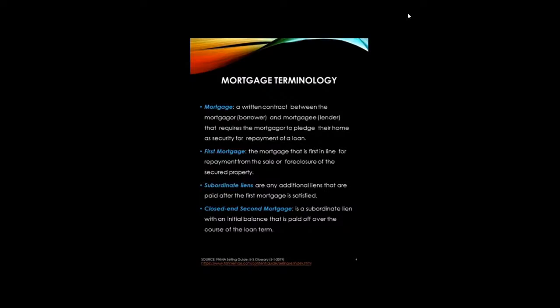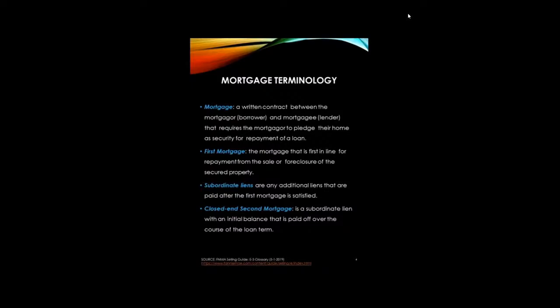But typically on a mortgage term, if there is a foreclosure sale and there's not enough money to cover the second mortgage, the second mortgage lender is stuck with whatever they are given. So, a dollar-wise example: if you're selling a home and it's being sold for, let's say, $200,000, and you owe $200,000 on the loan, there's enough money to cover the first and second mortgage.